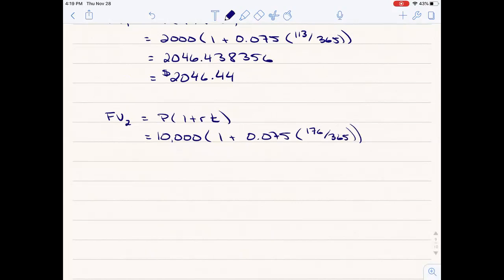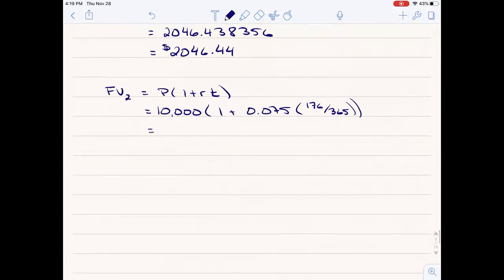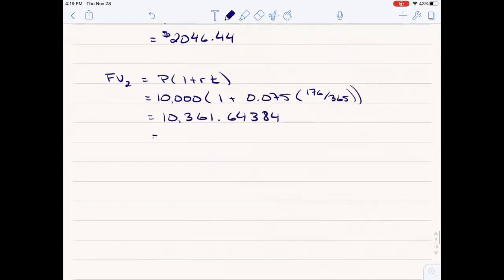So 176 divided by 365 times 0.075 plus 1 times 10,000. I get 10,361.64384. Rounding to 2 decimal places, I get 10,361.64.